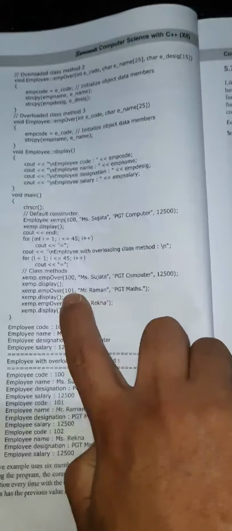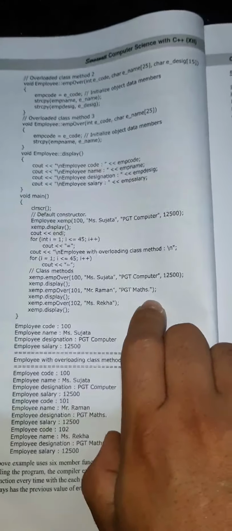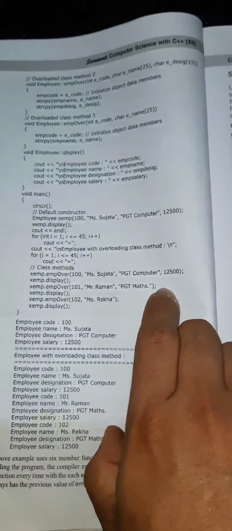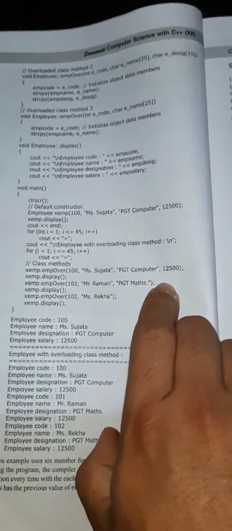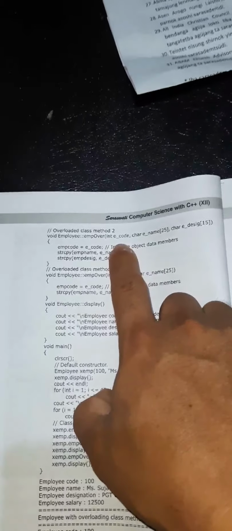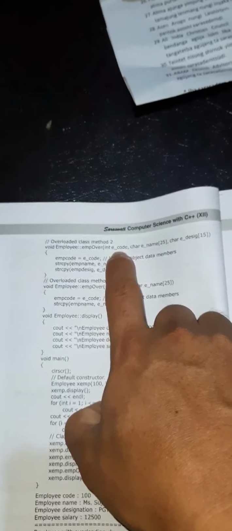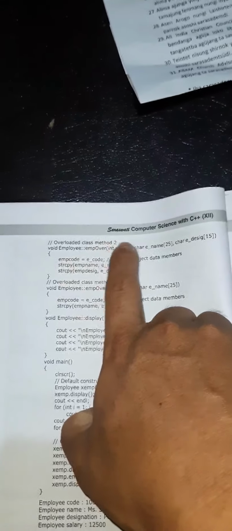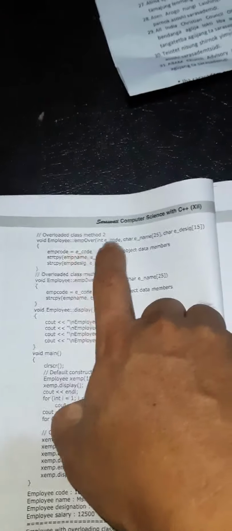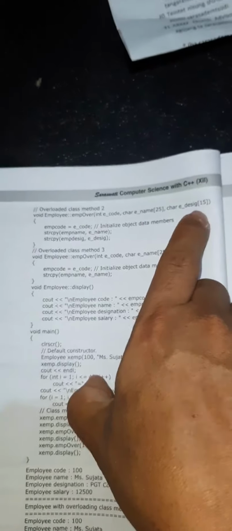In this case only 3 arguments are passed, which means the fourth argument is missing, but it will not result in an error. In that case, it will search for the function which has 3 parameters declared. So the second class method, e code, e name, e designation, has only 3 parameters, right?